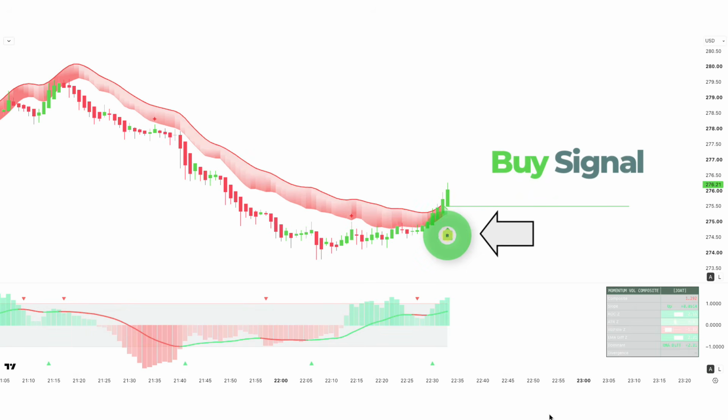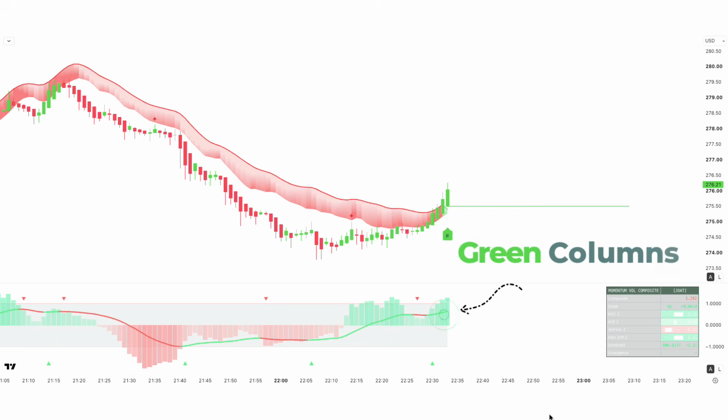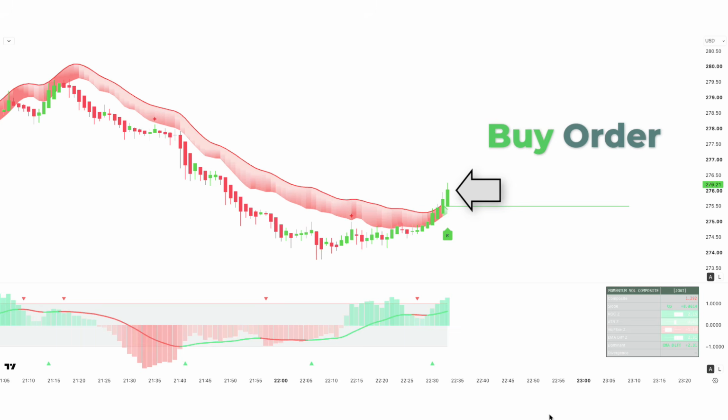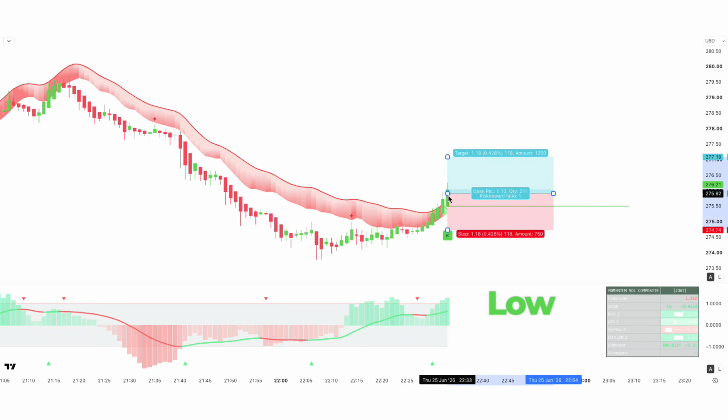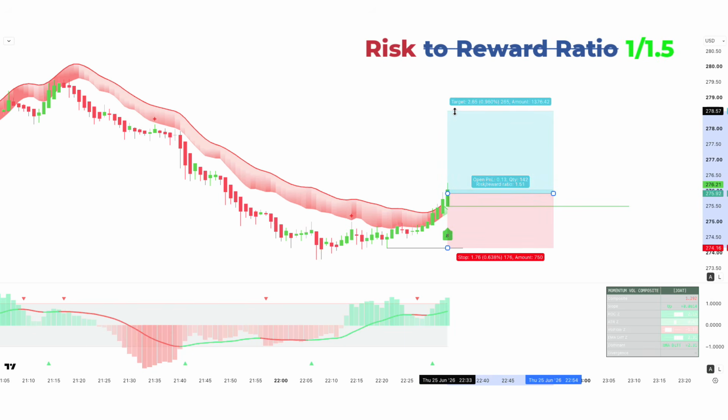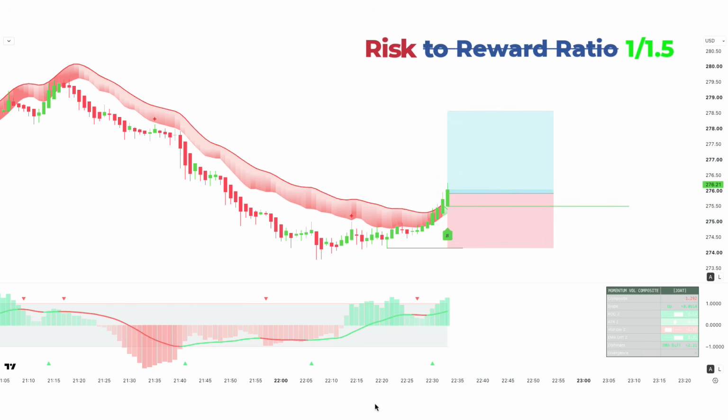Here the Gravity Trend Levels label is up, this is a buy signal. Here the Momentum Vol Composite Pro indicator shows green columns. Here the market has made a bullish candle to give confirmation. So all our conditions are being fulfilled, so we are placing an order to buy. Our stop loss is to be placed at the previous low of the market, and the risk to reward ratio will be 1:1.5.